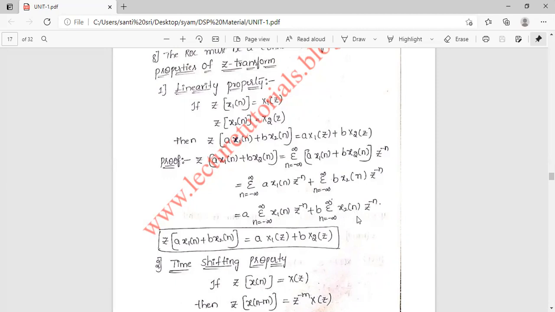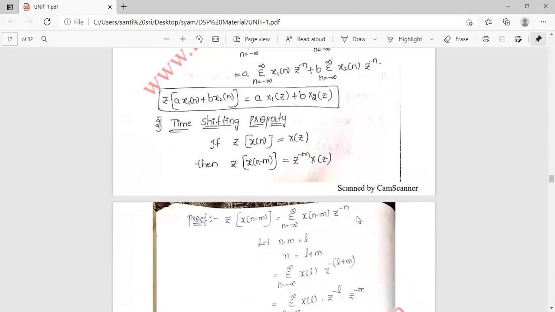Next, coming to the time shifting property. Time will be shifted towards right side or left side by some units. It is defined as: if Z transform of x of n is equal to X of z, then Z transform of x of n minus m is equal to z power minus m into X of z.